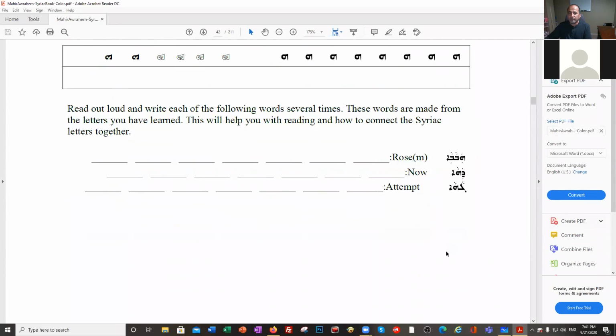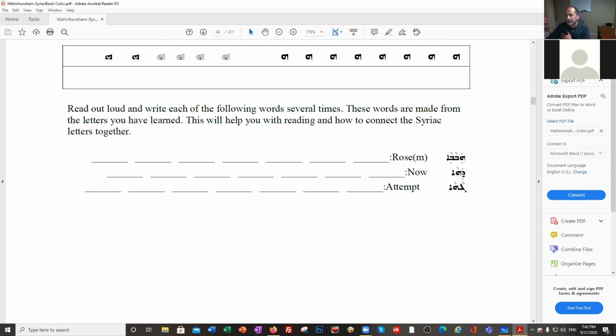I have so far 3 words made of the letters we have covered. When you're done writing here, go ahead and practice those words, write them together, okay? I'm not gonna write it here for you, but we can practice this one after that. If you look at the second word, do you see it's made of 3 unjoined letters?